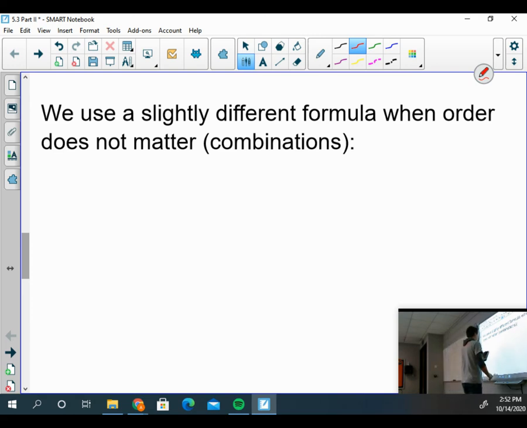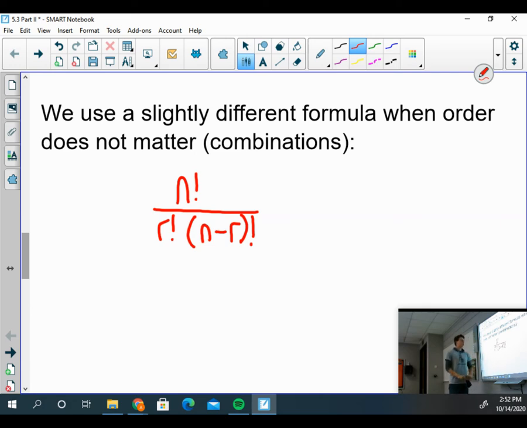The formula is going to be slightly adjusted. Our formula for combinations is n factorial over r factorial times n minus r factorial. Almost identical, you just have this additional r factorial in your denominator.